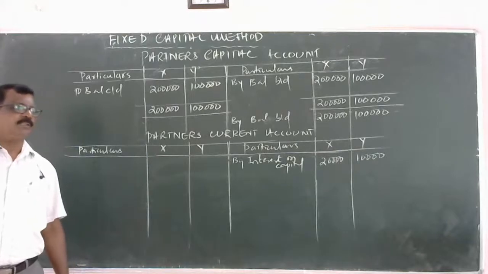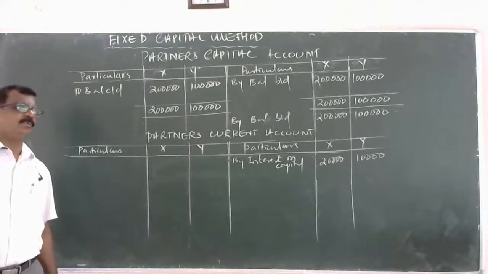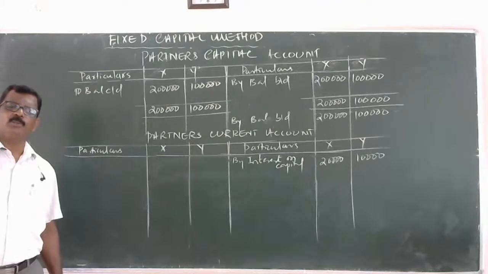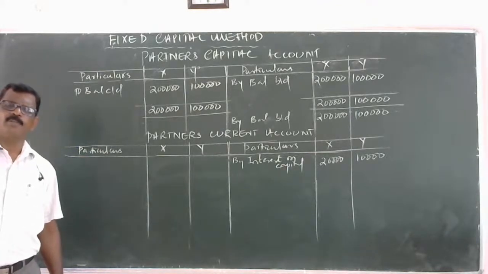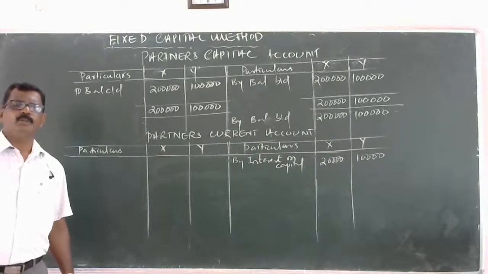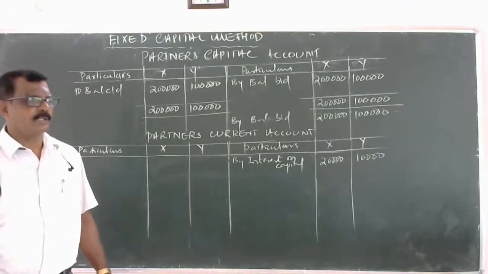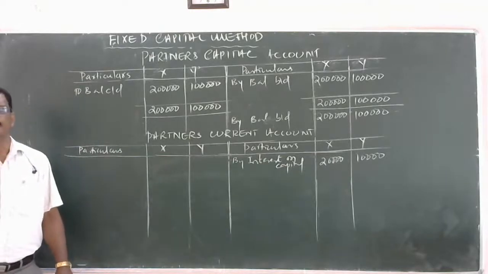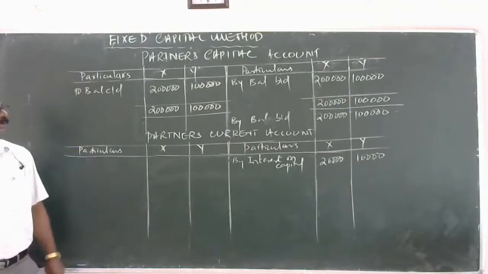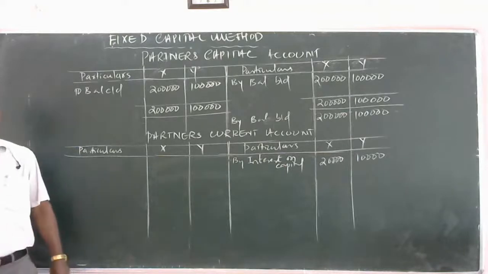Interest on capital is 20,000 and 10,000 because it is calculated only on the opening balance. There is no additional capital and there are no capital withdrawals. ಇಲ್ಲಿ ಓಪನಿಂಗ್ ಕ್ಯಾಪಿಟಲ್ ಮೇಲೆ ಮಾತ್ರ ಕ್ಯಾಲ್ಕುಲೇಟ್ ಮಾಡಿದ್ದೇವೆ, ಯಾಕಂದ್ರೆ ಅಡಿಷನಲ್ ಕ್ಯಾಪಿಟಲ್ ಇಲ್ಲ. ಹಾಗಾಗಿ 10% ಆನ್ 2 lakh ಅಂದ್ರೆ 20,000, 10% ಆನ್ 1 lakh ಅಂದ್ರೆ 10,000, right?